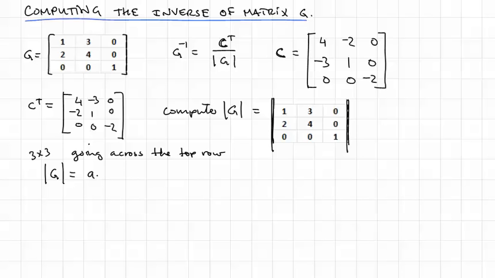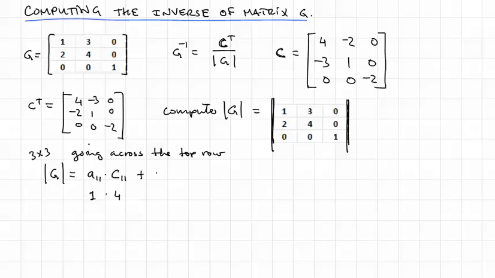So we're going to have A11, the element at position 1, 1, which is 1 in this case, times the cofactor at that position, C11, which is going to be 4.